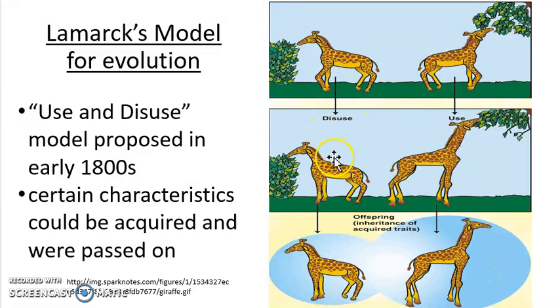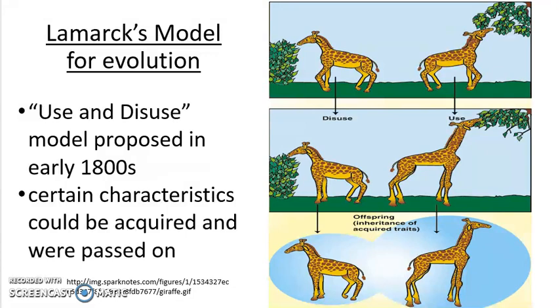So the ones on the left had a shorter neck because they were not reaching as far to get to their food, whereas the ones here are going to have a much longer neck because they are reaching up for higher food. If you think about this idea, it is very intriguing that characteristics could be acquired during your lifetime and passed on.